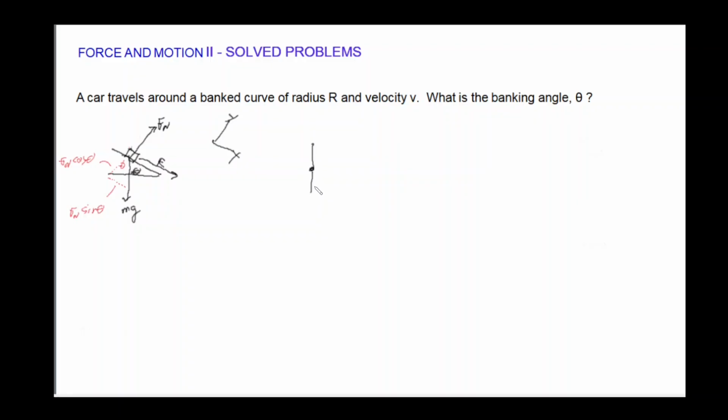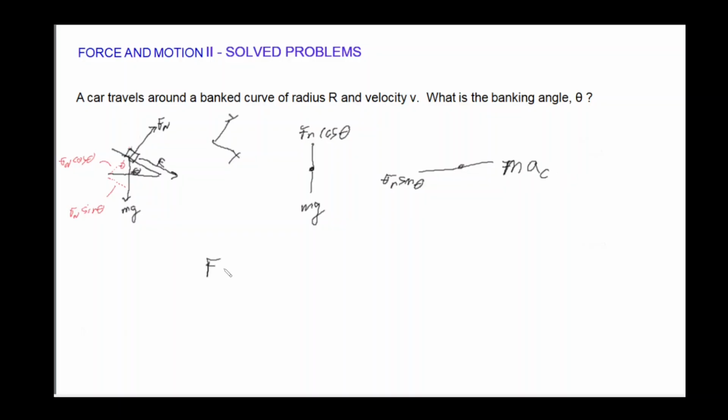So in the y axis we have Fn cosine theta going up and mg going down, and in the x-axis we have Fn sine theta going outward and mass times centripetal acceleration going to the right.